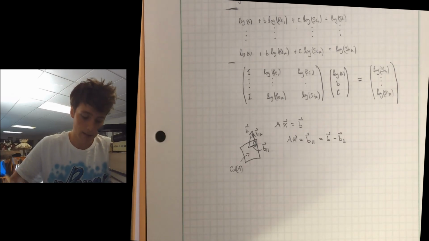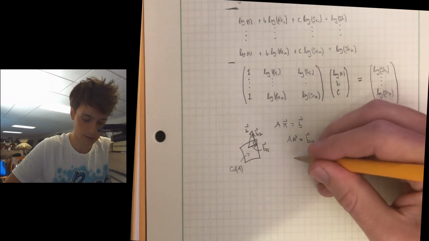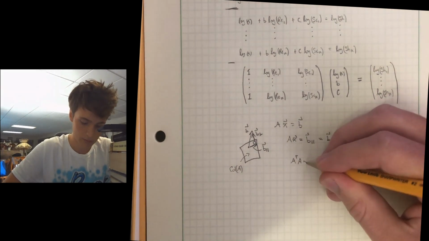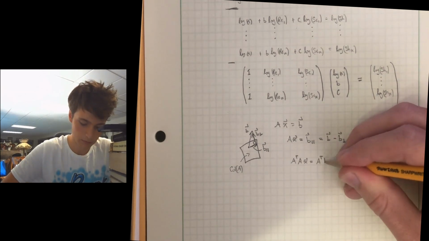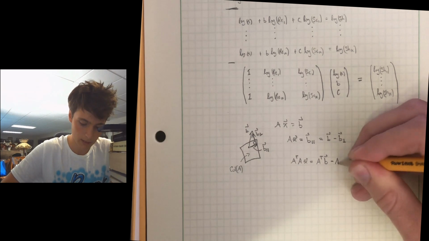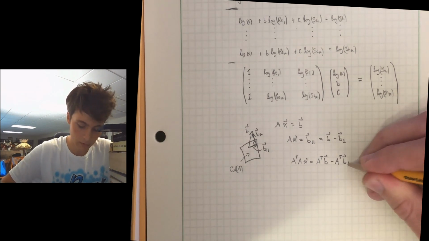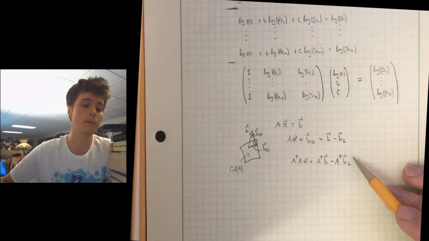And if we multiply A transpose on both sides, we're going to see something cool. A transpose B parallel equals A transpose B minus A transpose B perpendicular. And A transpose multiplied by B perpendicular is just 0.